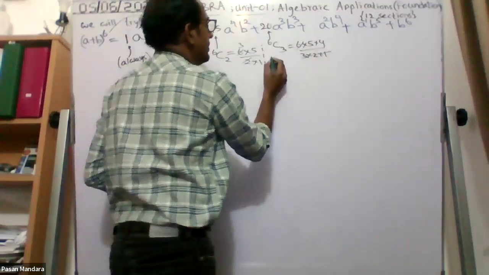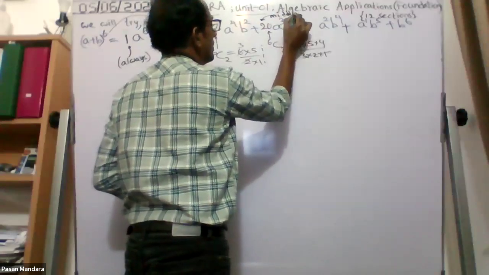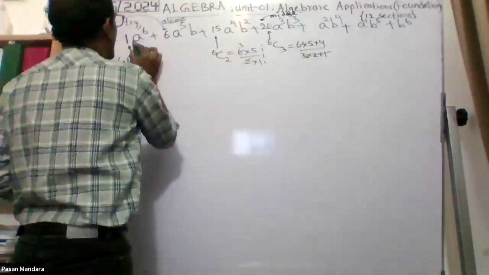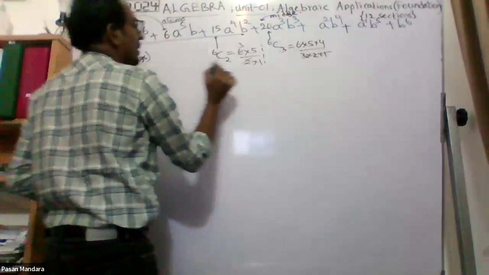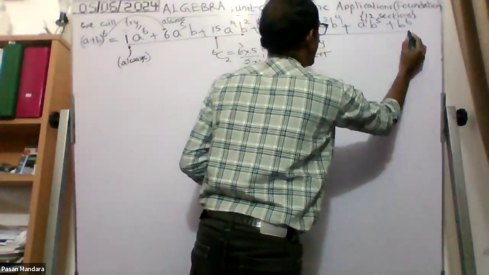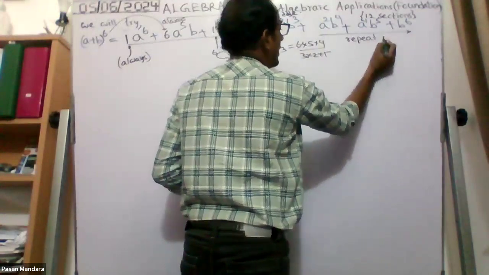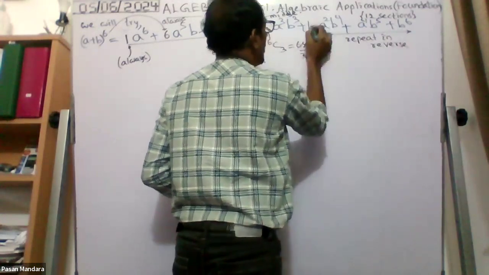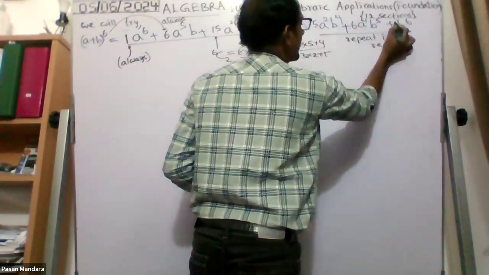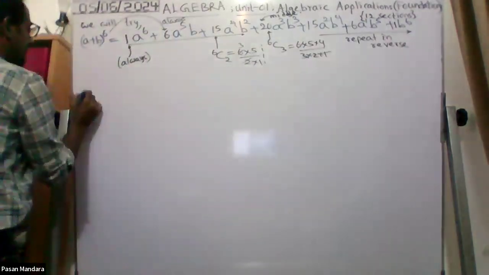This is the middle. Therefore, these 3 terms you repeat in reverse. So 15, 6, 1. Right? Next one.